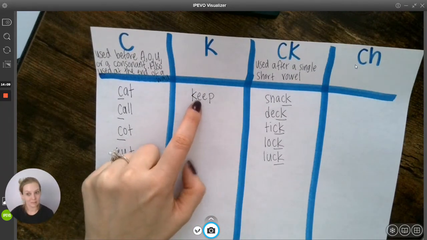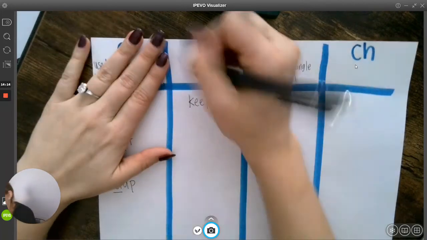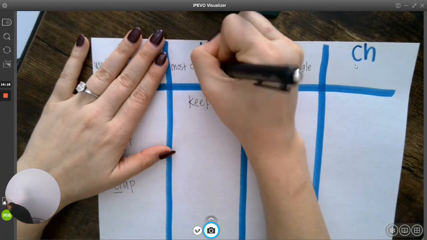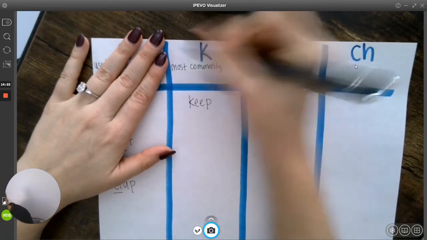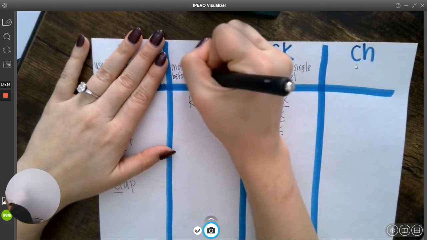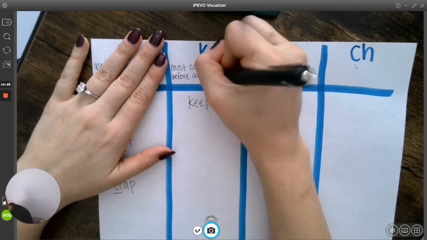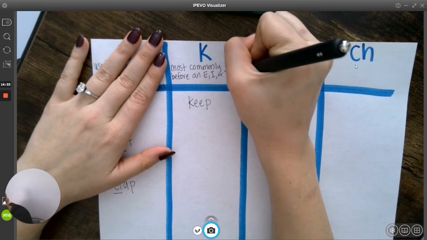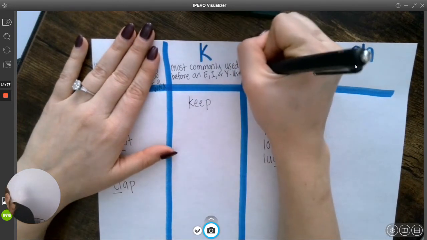Here's one hint. We're going to write, it's most commonly used before an E, I, or Y. And it's also used at the end of words.